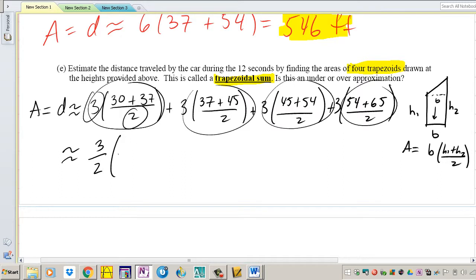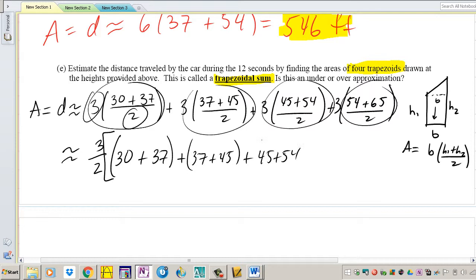And now I have 30 plus 37 plus 37 plus 45 plus 45 plus 54 plus 54 plus 65.